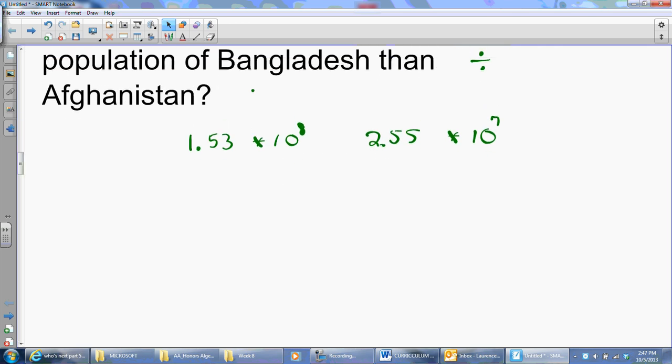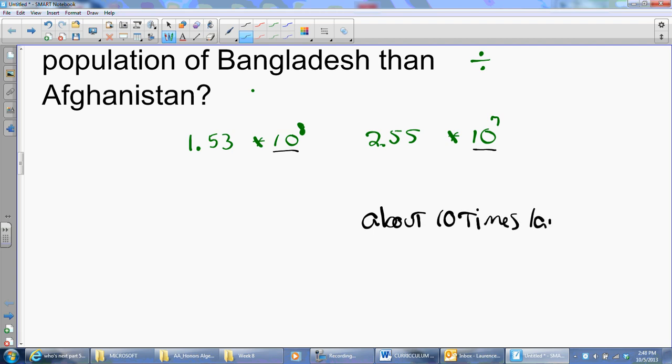Okay, first of all, I need to see how many times bigger this is than this. And after all the work we've been doing, that should be a simple thing. It should be about 10 times bigger. About 10 times larger. Okay. Now, this one here isn't so easy to see.